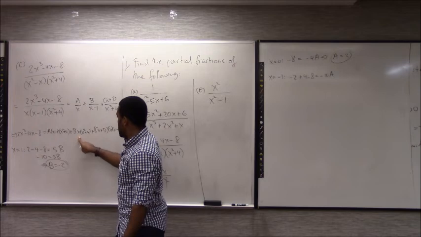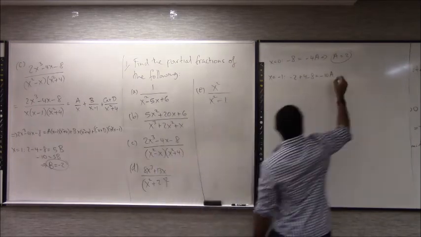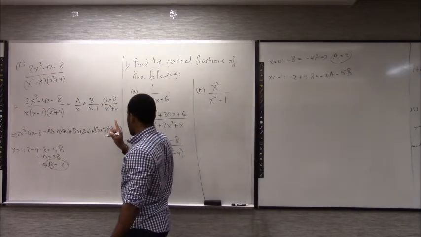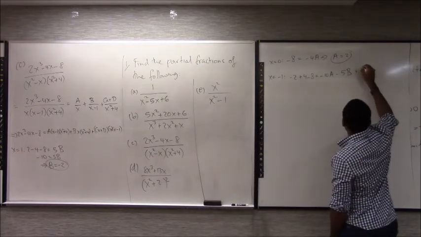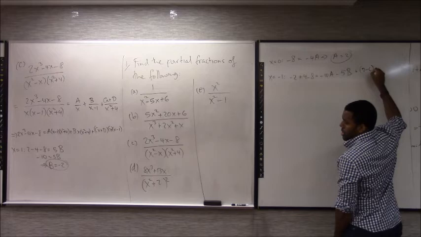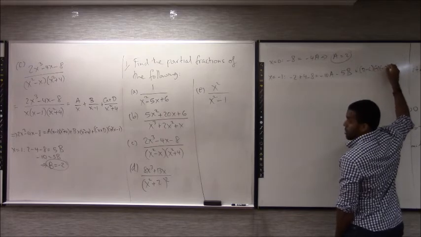And here, plugging in minus 1, that's just minus 5b. Here, plugging in minus 1, I would have d minus c times minus 1 times minus 2.